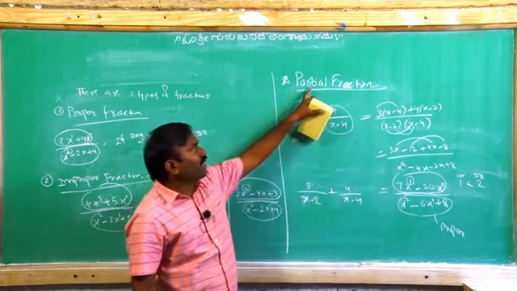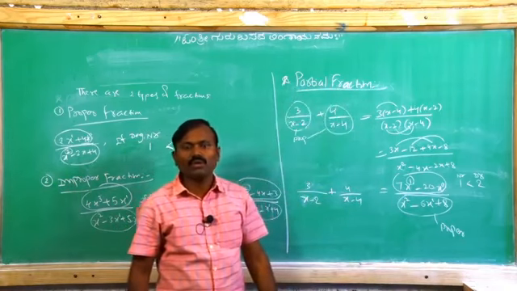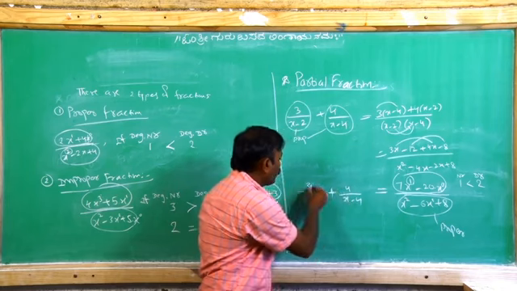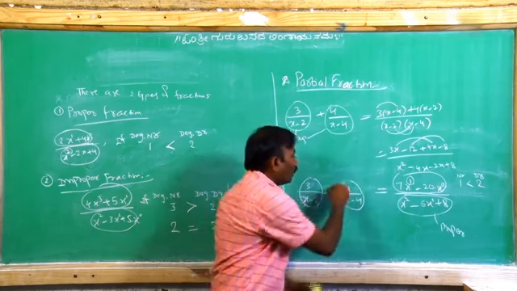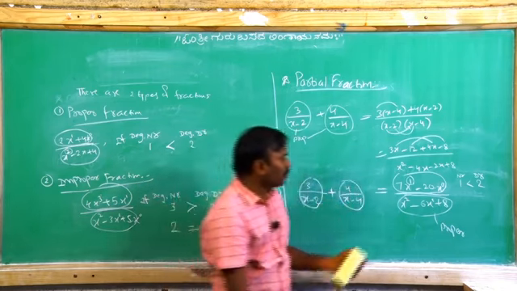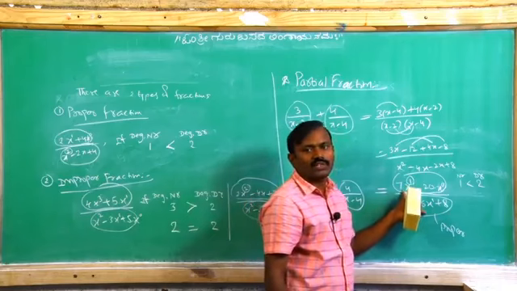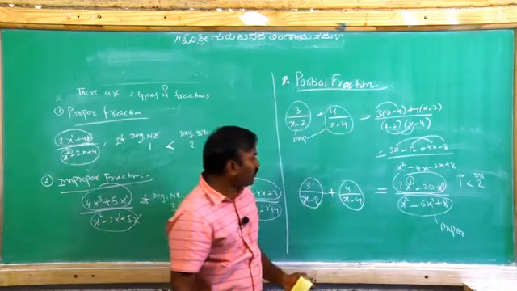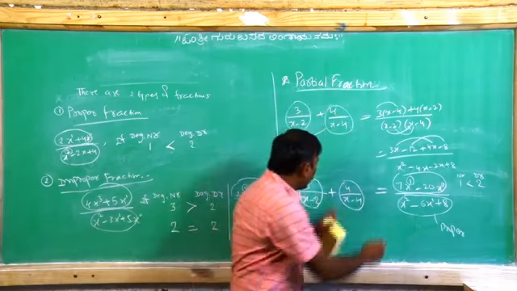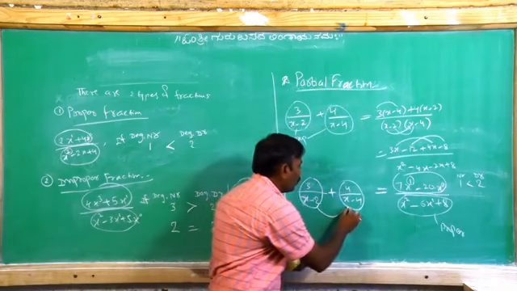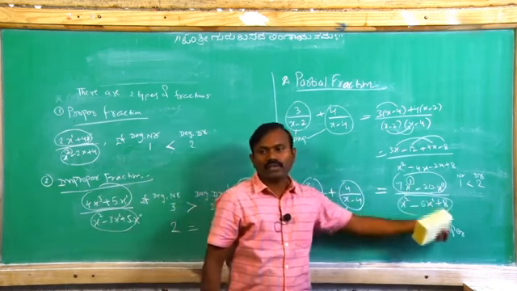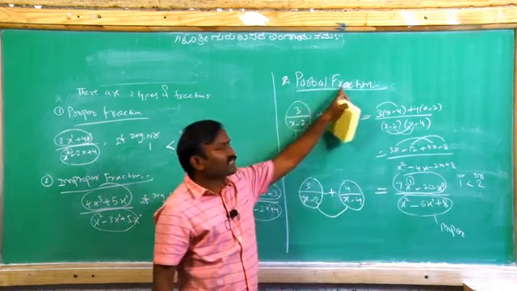So the definition of partial fraction is: when we have to express the sum of two or more proper fractions as a single proper fraction, it is called a partial fraction.